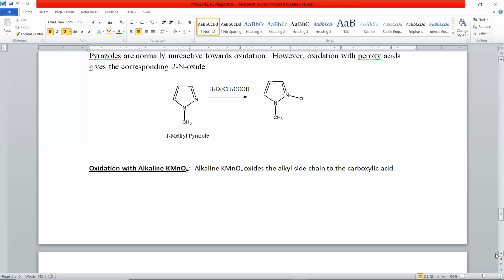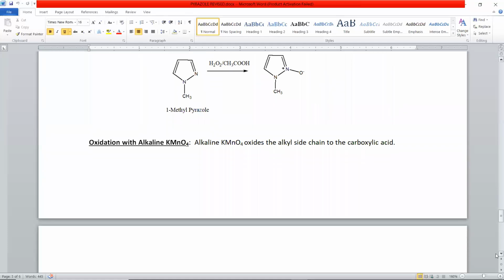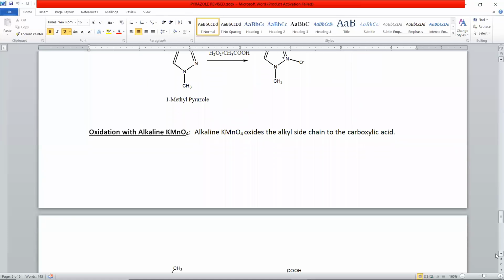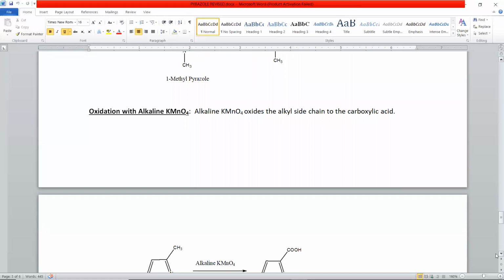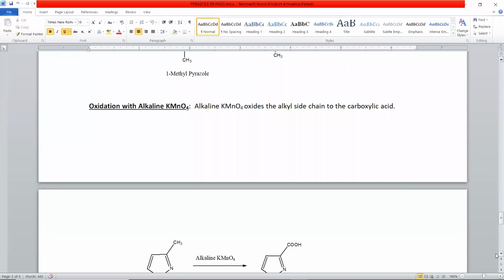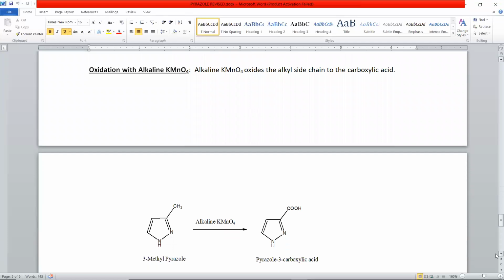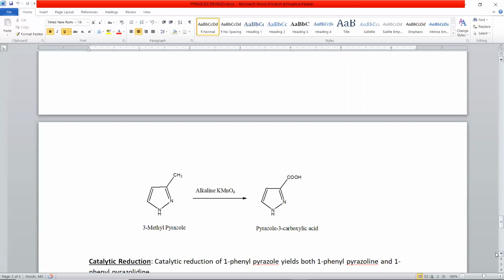Alkaline KMnO4 oxidizes the alkyl side chain to the carboxylic acid. So the alkyl side chains which are present in the pyrazole ring system are oxidized by the alkaline KMnO4 to the corresponding carboxylic acid. So we get pyrazole 3 carboxylic acid.